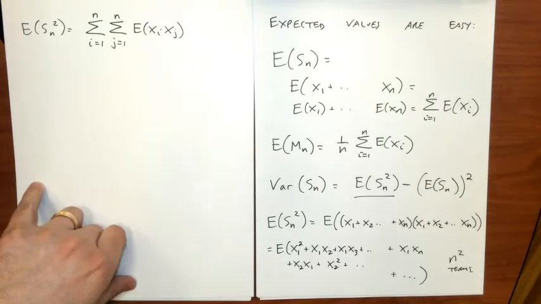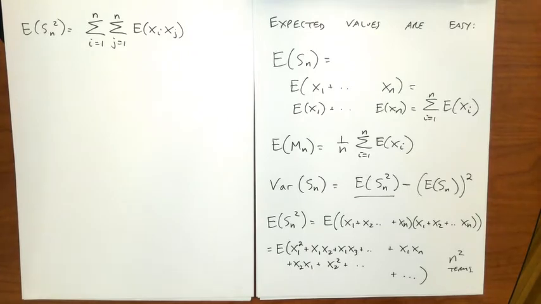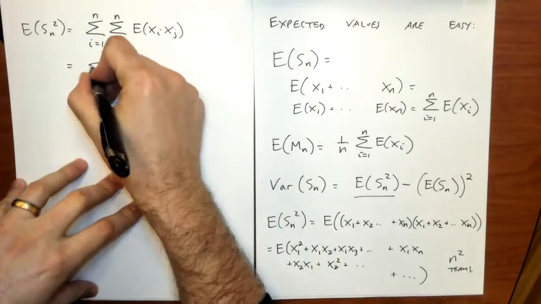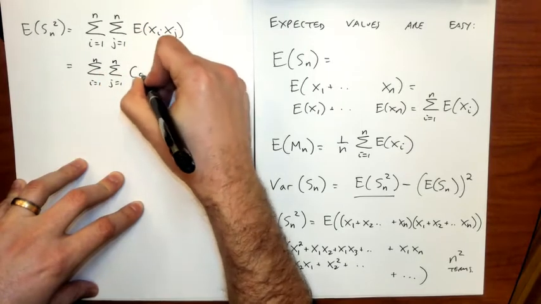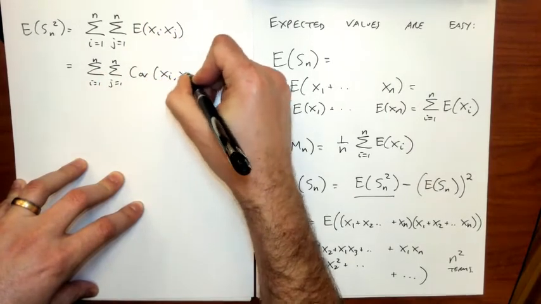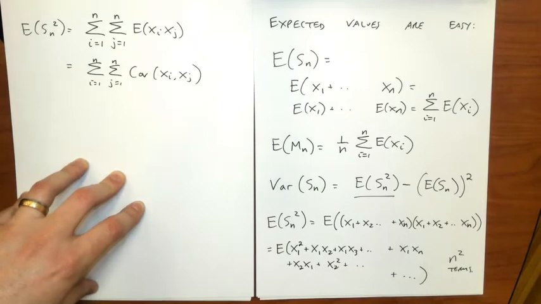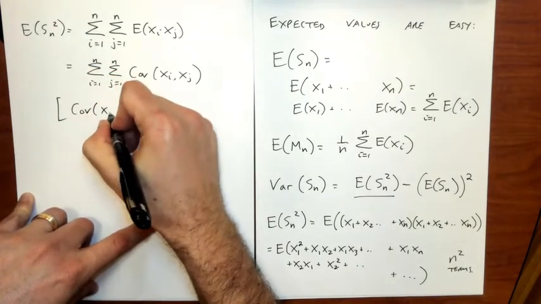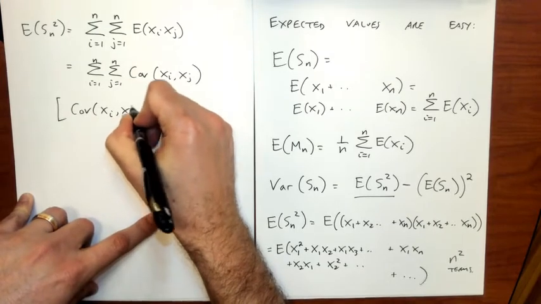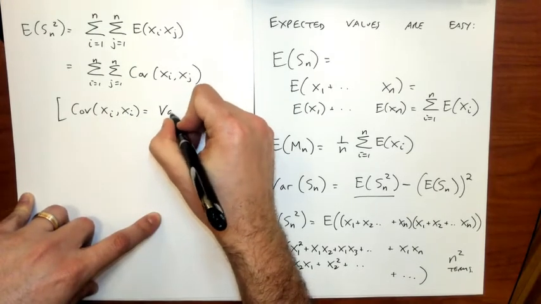And these are exactly what we call the covariances, right? That's exactly what we call the covariance between xi and xj. This is just the sum of the covariance of xi and xj together. With the reminder that if I take the covariance of xi with itself, that's the same as the variance.